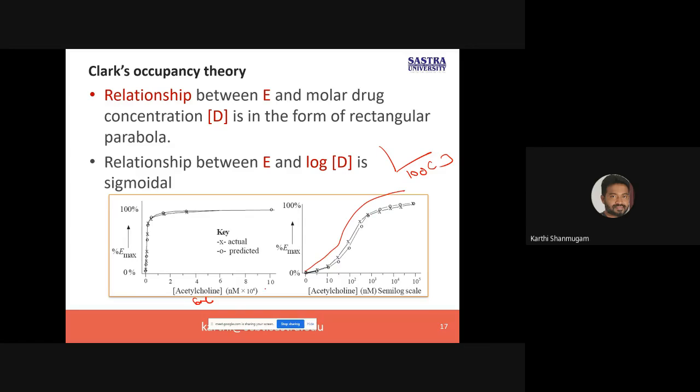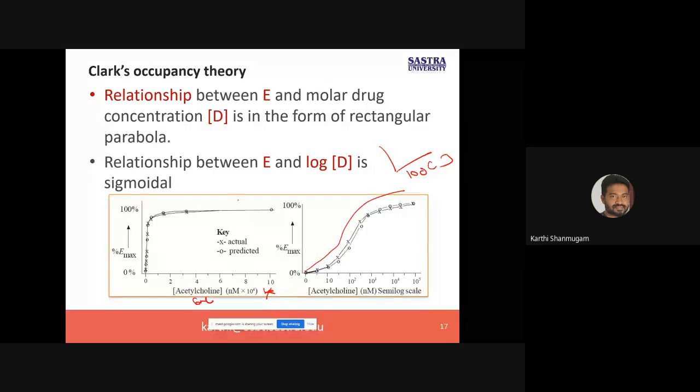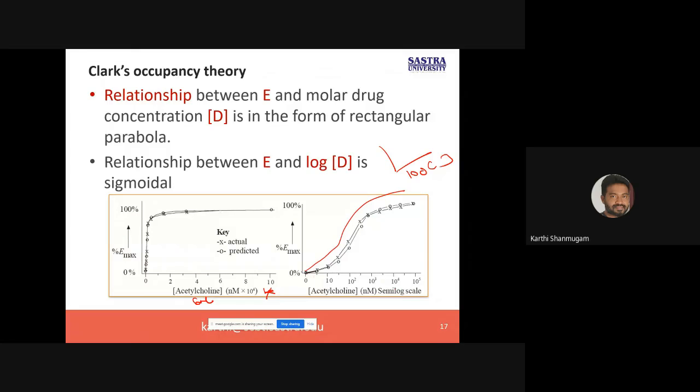Again I repeat, here there is no log, so directly the concentration of the drug molecule versus the biological response gave a curve like this, which I think is a parabolic curve. Once he took the log of the concentration and plotted it versus the biological response Emax, he got a sigmoidal curve. Is it understandable?